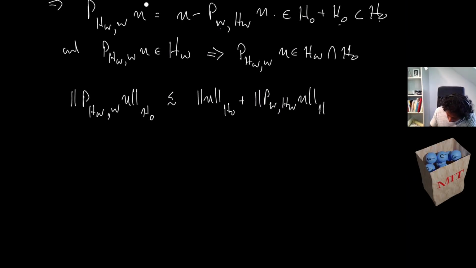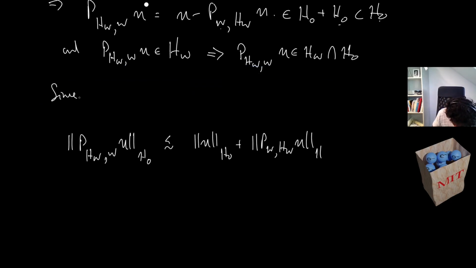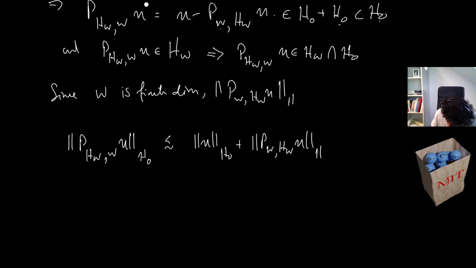The second thing now is that, before I write this estimate, I should also say that since W is finite dimensional, P_W H_W of U in the H naught norm is comparable to P_W H_W of U in the H1 norm, because on a finite dimensional space, any two norms are comparable.